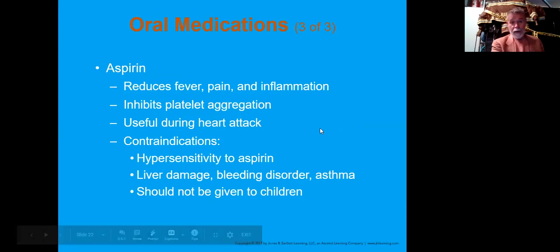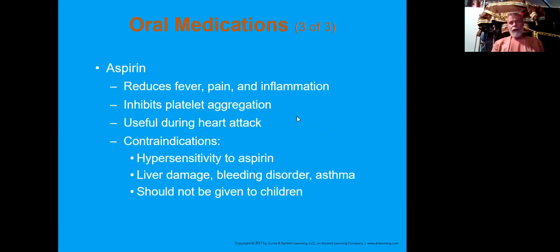The aspirin. Aspirin is a fantastic drug. Aspirin inhibits platelet aggregation. So what aspirin does, it actually blocks the production of something called thromboxane A. Thromboxane A is defined as a potent platelet aggregator. And that just means you're going to keep all these things tightly sticking together.